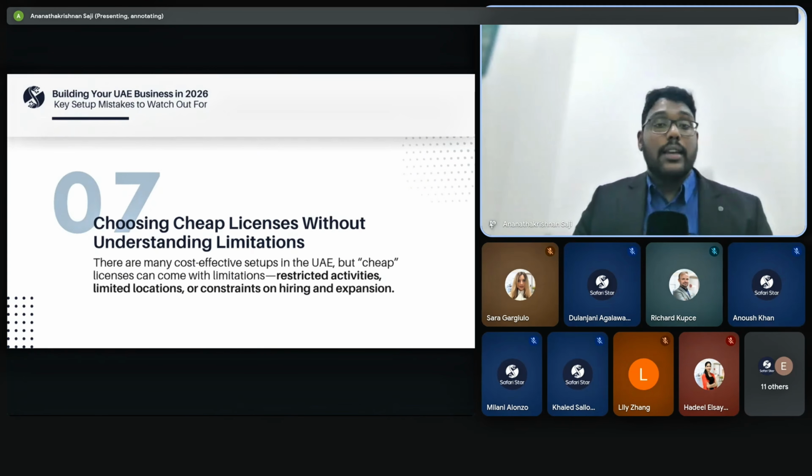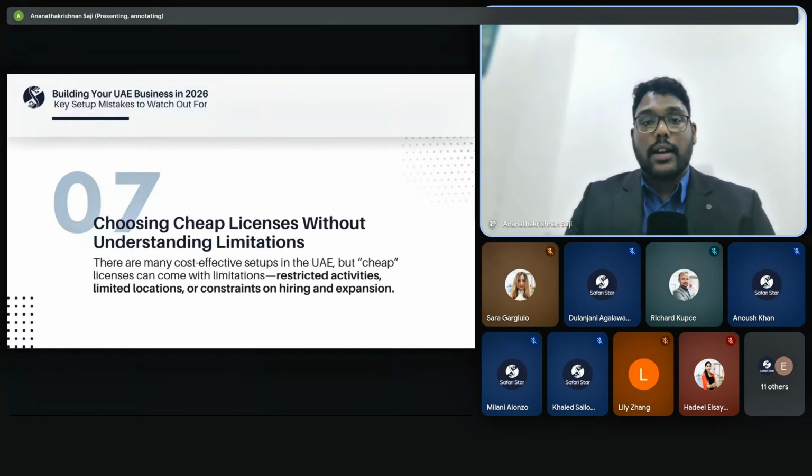Also, the free zone that you chose might not be recognized by other regulatory bodies, so you have to understand that in advance. For example, one of my clients wanted to do gold trading in UAE, but with a cheap license. I suggested the SPC free zone because it's recognized by MOF as well.